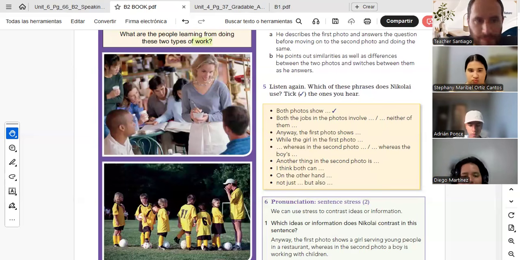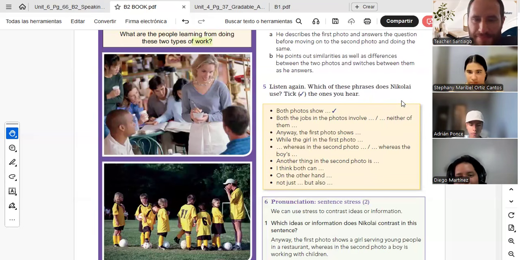But the girl who is a coach is sharing her knowledge about soccer with the kids. So we can say that she's teaching others and not only herself. She's sharing the tips to be a soccer player.